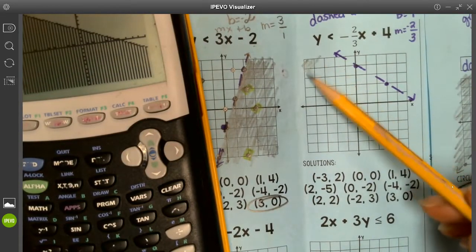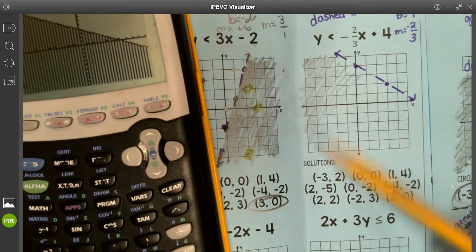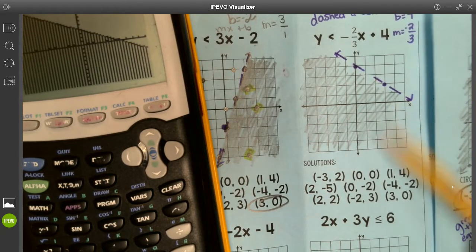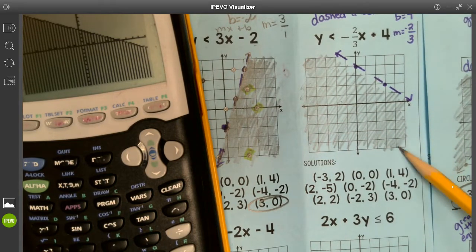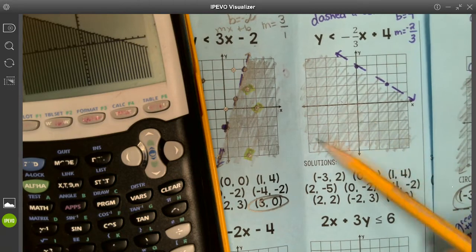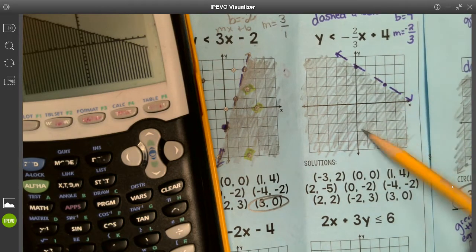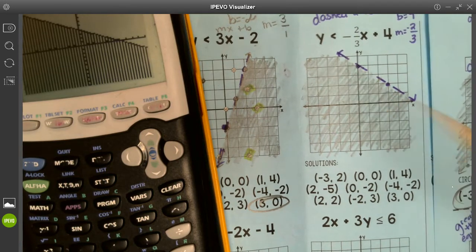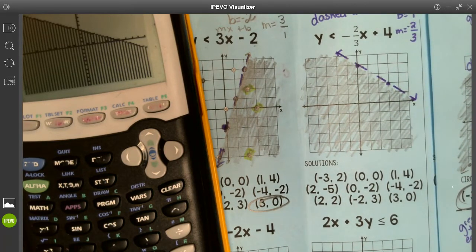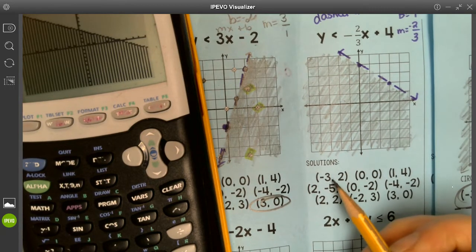So go ahead and now plot your points. And remember, solutions are points that are in the shaded or on a solid line. So plot these points.